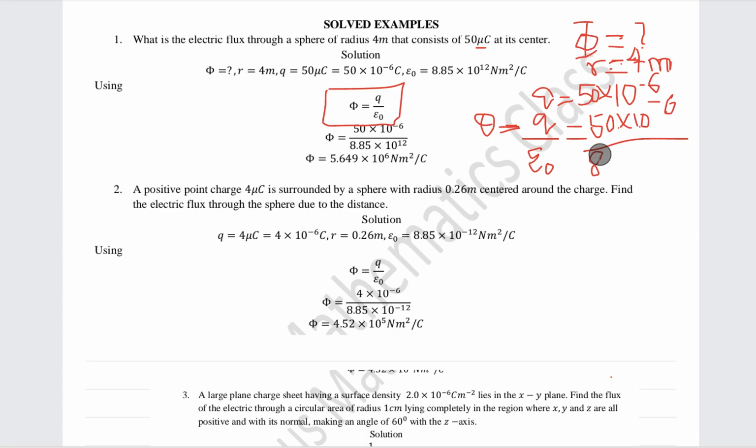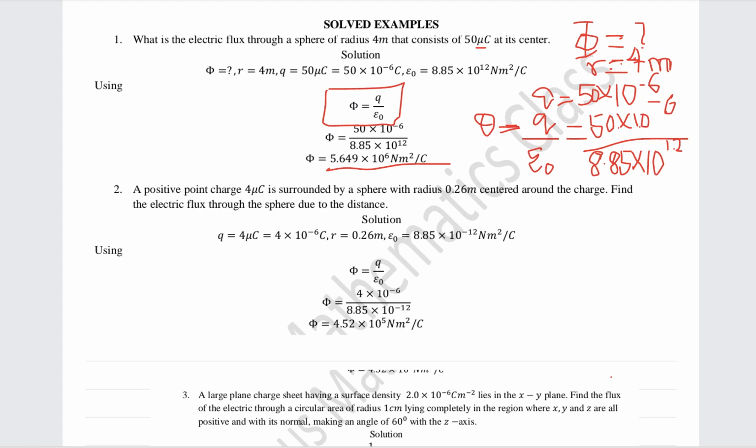That is 8.85 times 10 raised to the power of minus 12. So if you multiply this and divide together, you are going to have phi equal to 5.649 times 10 to the power 6.